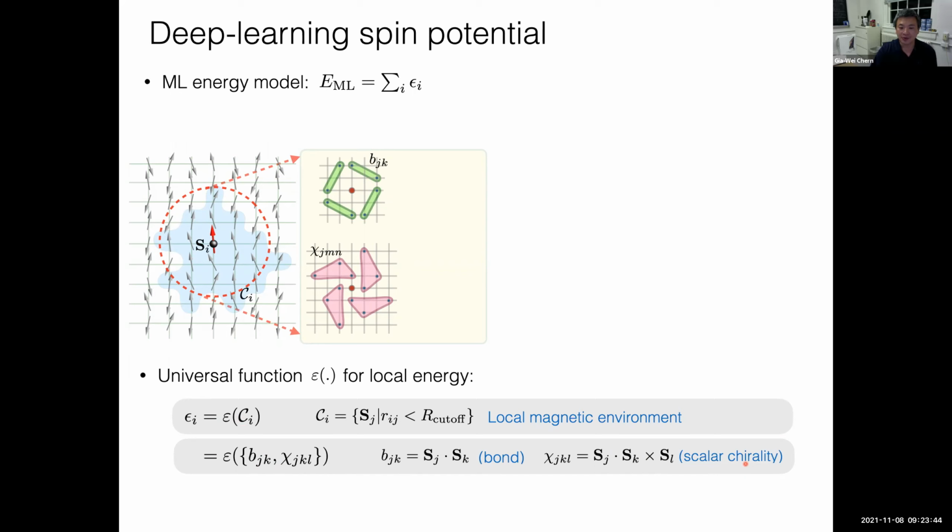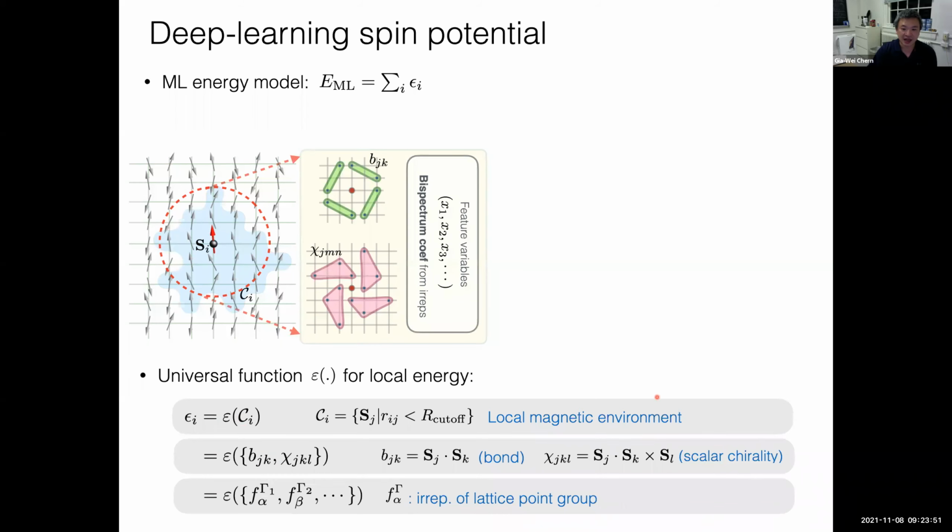And finally, we also want to preserve the lattice discrete point group symmetry. That means we take all these bond and scalar chirality variables and view them as a high dimensional reducible representation of the lattice point group. And then we decompose it to find all the irreducible representations. The local environments built from this bond and scalar chirality are now translated into amplitudes of all the irreducible representations.